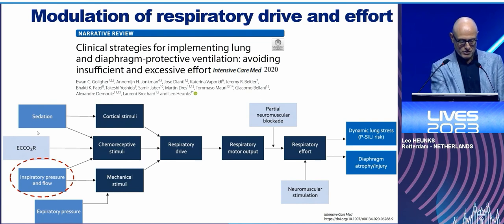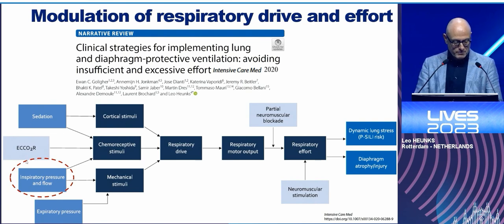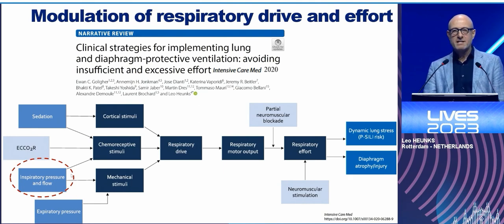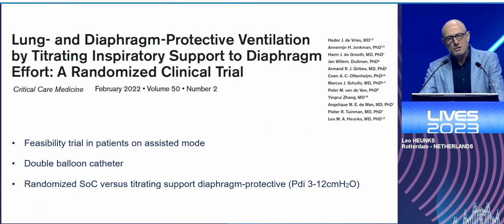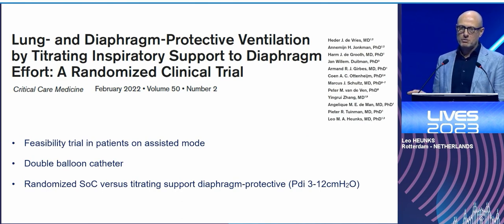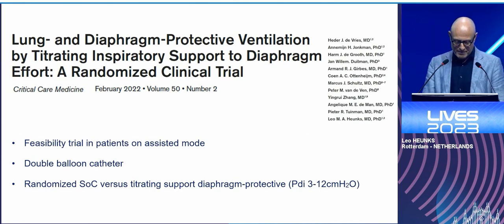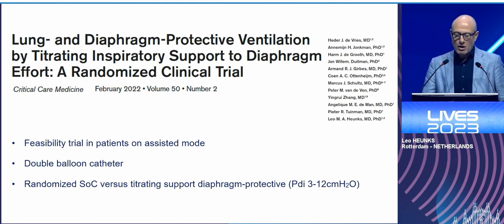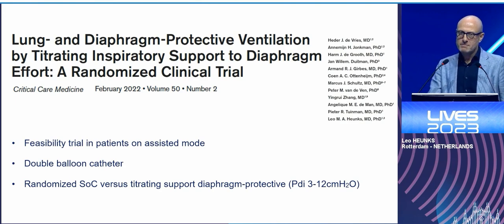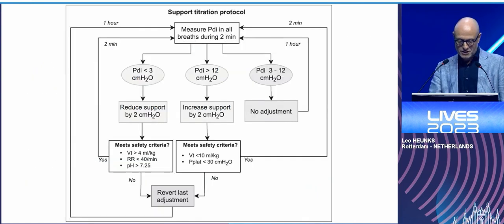Well, I'm not supposed to talk about sedation or extracorporeal CO2 removal, but I can talk about changing inspiratory support, right? So that's what we did in this trial. This was a feasibility trial on an assisted mode, and we equipped the patients with a double balloon catheter so we could measure transdiaphragmatic pressure, and the patients were randomized between standard of care or titrating diaphragm effort between 3 and 12 centimeters of water, what we called a diaphragm protective range.